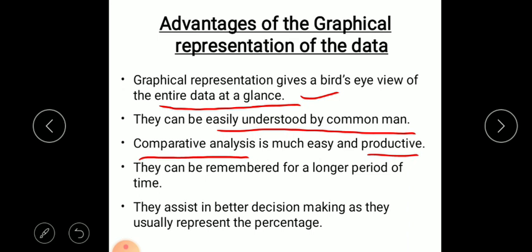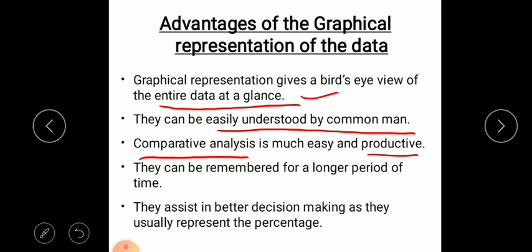So graphical representation helps in better decisions, especially because it compares values based upon percentage. That is why we see pie charts being largely used in businesses. Also, percentage bar diagrams or component bar diagrams are used in business decisions. So these are some of the advantages of graphical representation of data.